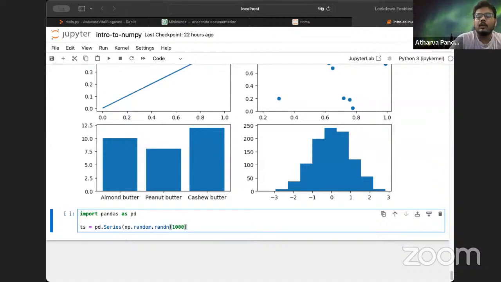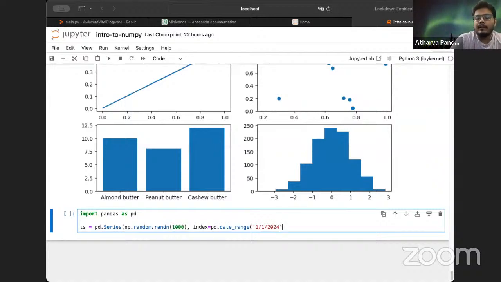And in series, we were able to define an index, if you remember. If you don't, I hope you have practiced it in your own time.